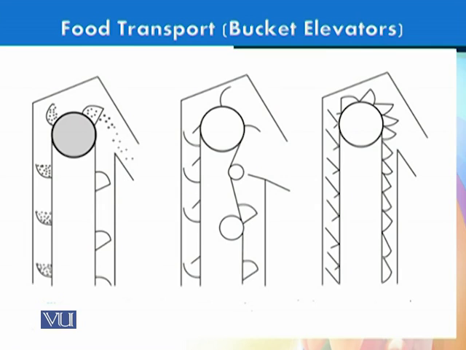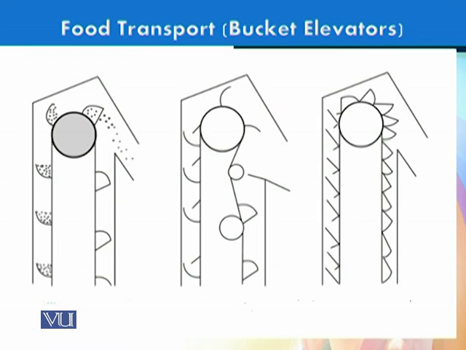On the extreme left you can see that this bucket is deeper, and in the middle one you can see this is a little sharp with flaps over it to avoid spillage, and on the extreme right you can see sharp buckets that are very closely attached as compared to the very first one, bucket elevators which are very deep.